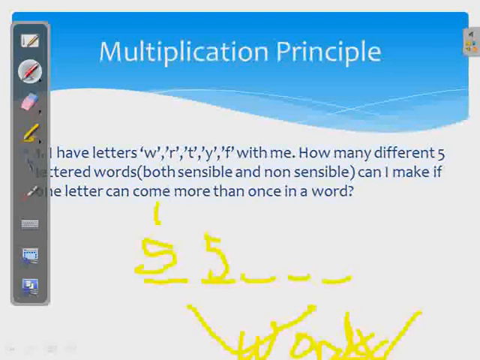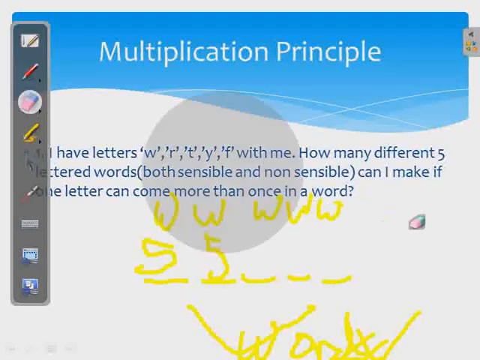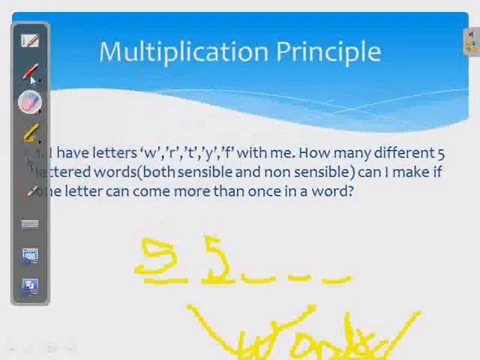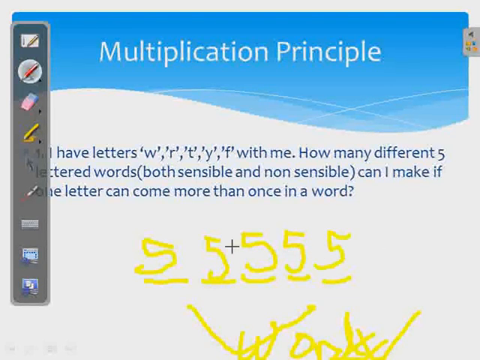So our word can be W, W, W, W, W. We can have that word as well, because repetition is allowed. And again we have 5 different ways because any of the letters can come in this gap, and again 5 different ways, and again 5.